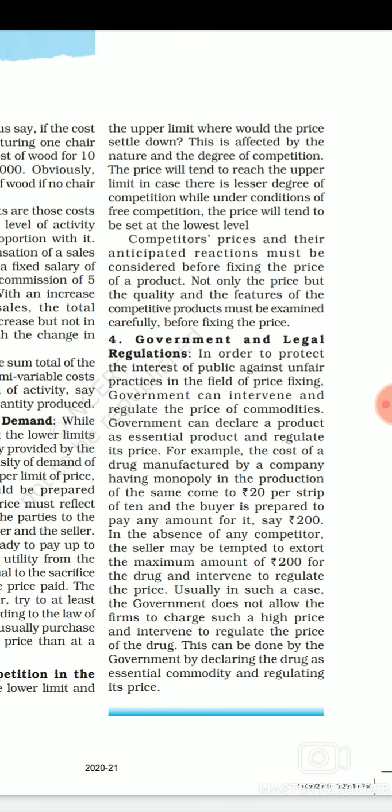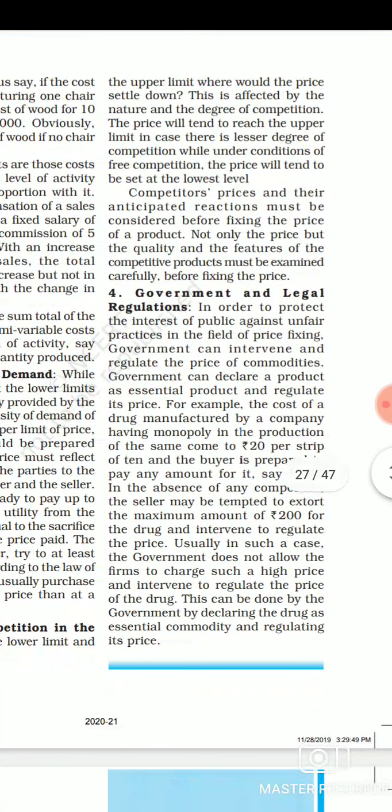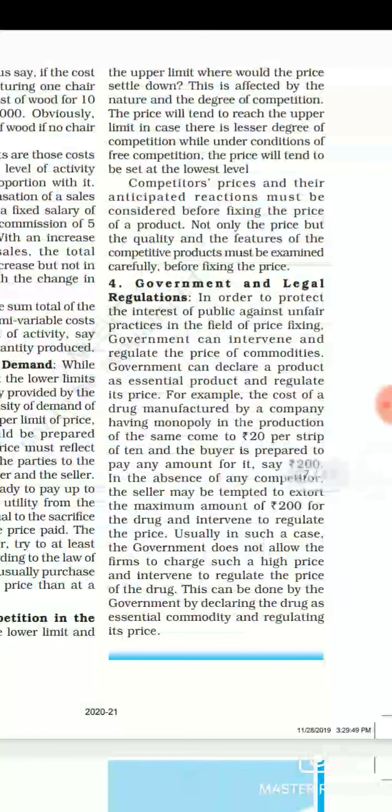Like price will reach the upper limit in case there is a lesser degree of competition, while under the condition of free competition the price will tend to be set at the lowest level, right? So this basically says that if there is more degree of competition, or if there is a perfect competition situation in the market where there are lots of producers and sellers of the same product, in that case the prices tend to reach the lower limit.